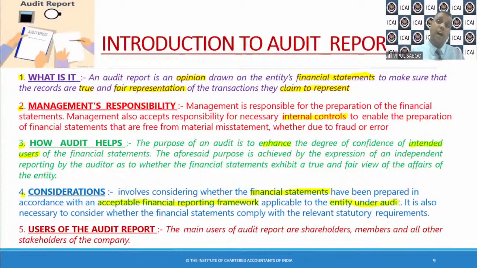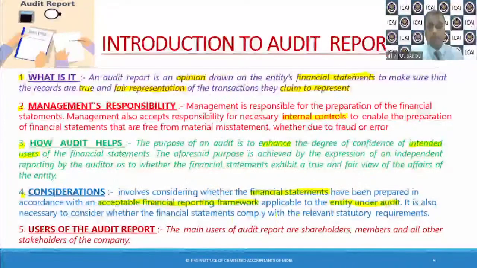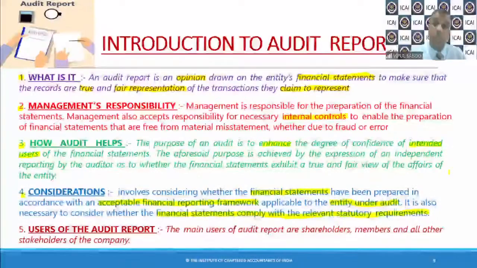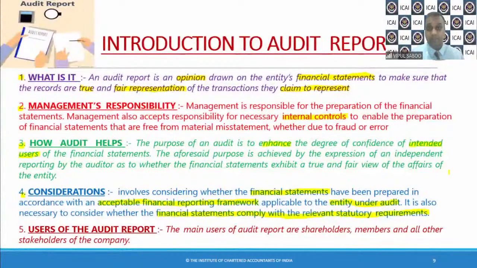And as far as the framework is concerned, we also have to take care that the financial statements comply with the relevant statutory requirements as well. Statutory requirements are under the law by which they are being audited. So for example, you are conducting the audit of a bank.